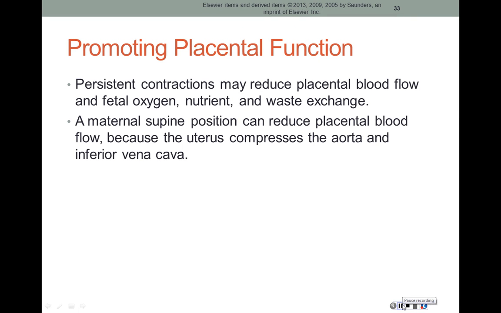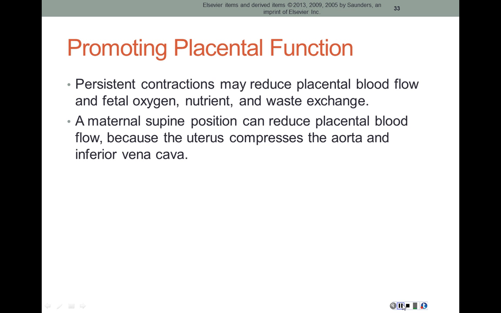Okay, so we talked a little bit about this. When we have a contraction, there is a reduction in the flow of blood between mom and baby. So that means there would be a reduced flow of oxygen and nutrients to baby from mom, and then a reduction of the waste coming from baby and going back out to mom for her to get rid of.